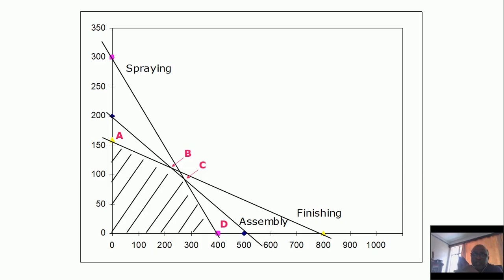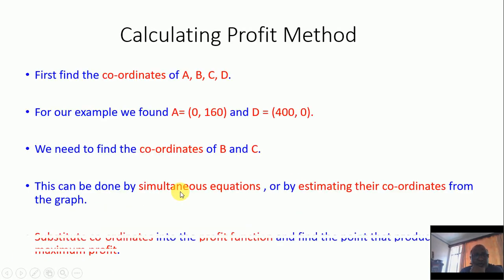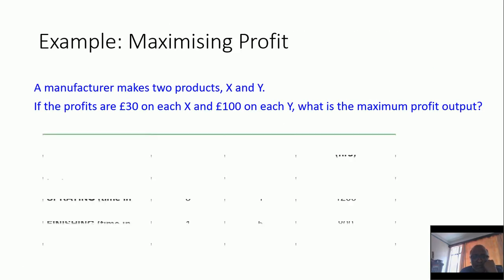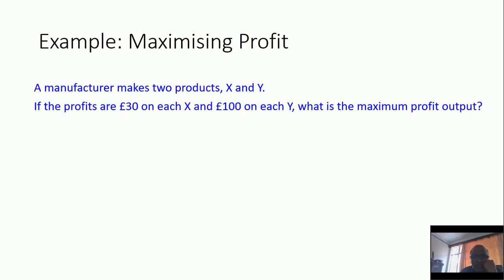I'm pretty sure sometime before your university life you would have come across solving them using either elimination or substitution. So please try to solve simultaneously using these two pairs of lines to get these two coordinates. This is one homework that I'm expecting you to do.